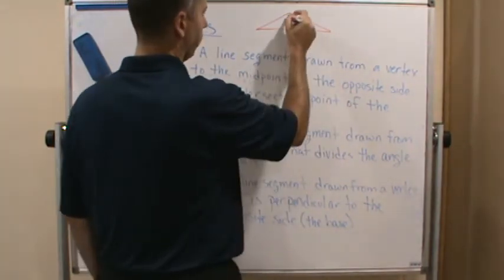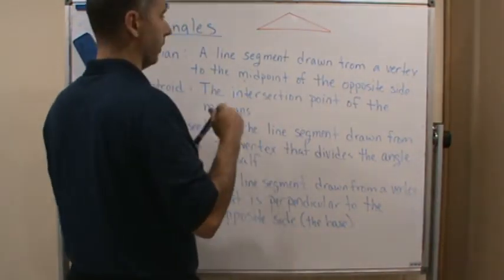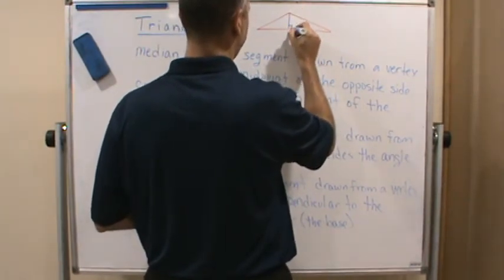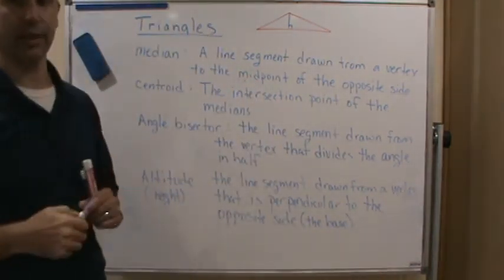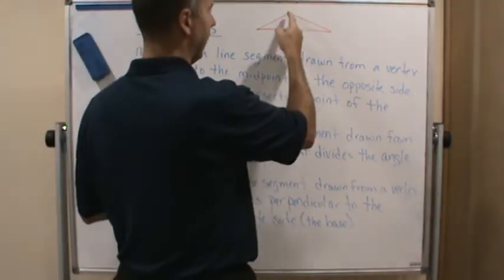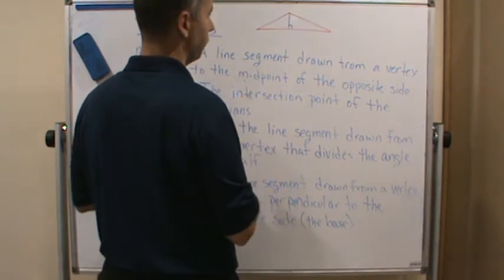Now that I'm using a different color, let me draw my altitude down here. So that would be an altitude, right? The altitude tells us the height of the triangle, by the way. So this is the height of the triangle. This is the altitude, okay?